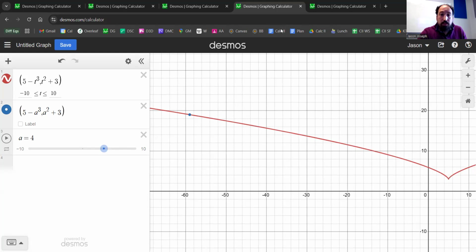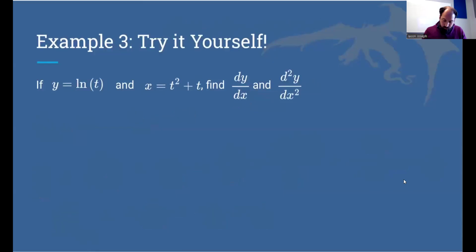Back to slides. So here's an example you can try where y is natural log of t and x is t squared plus t.